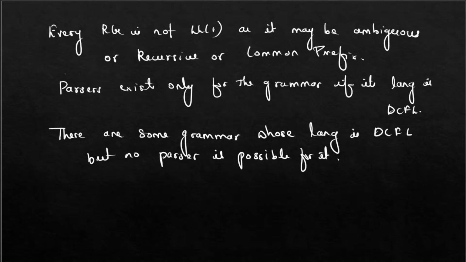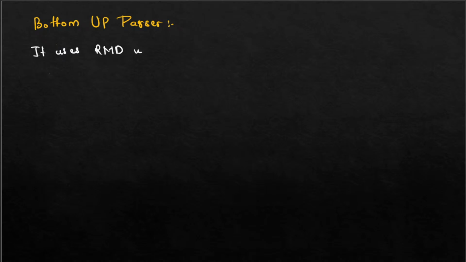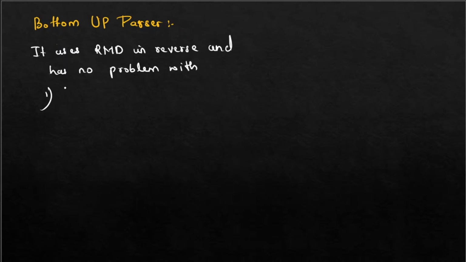Now let's discuss bottom up parser. Bottom up parser means it uses rightmost derivation in reverse and has no problem with, first, left recursion, second, common prefix.